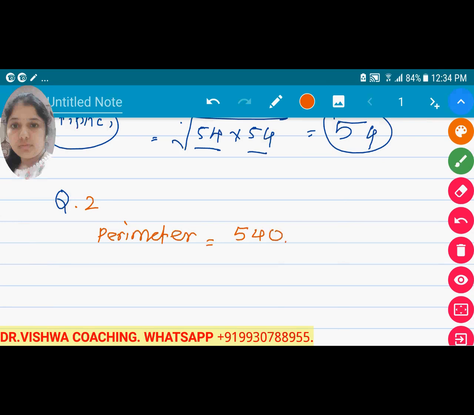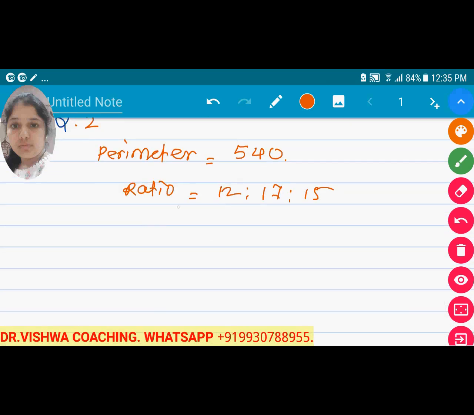The perimeter is 540 and the ratio of the sides is 12:17:25. So the sides may be 12x, 17x and 25x, and the perimeter is 540.